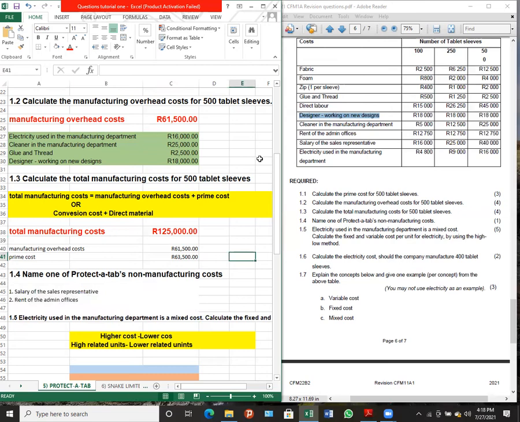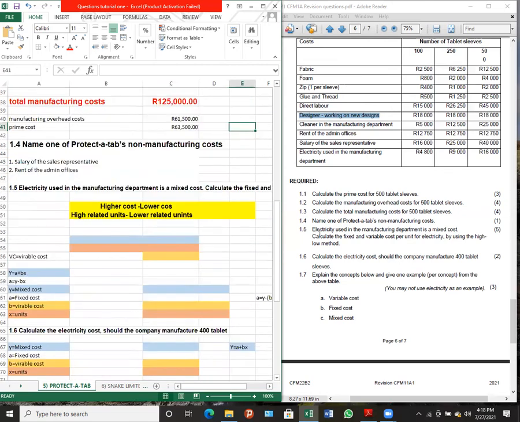Here, guys, now we are at number 5. Electricity used in the manufacturing department is a mixed cost. What is a mixed cost, guys, in the simplest definition? I just want to know whether we understand the mixed cost.